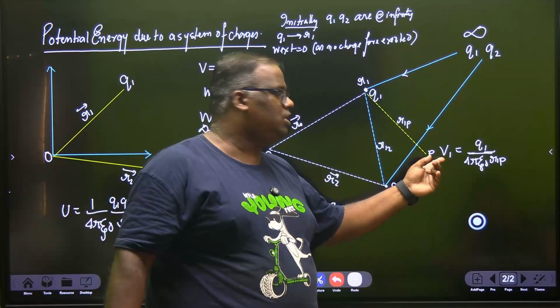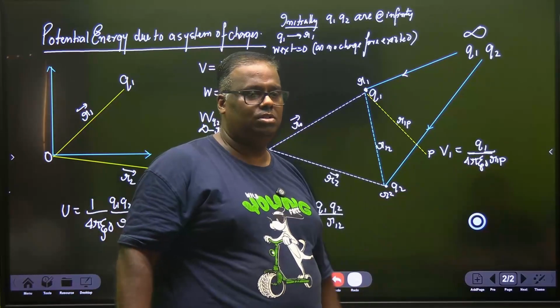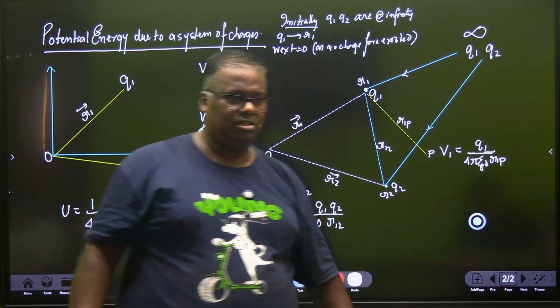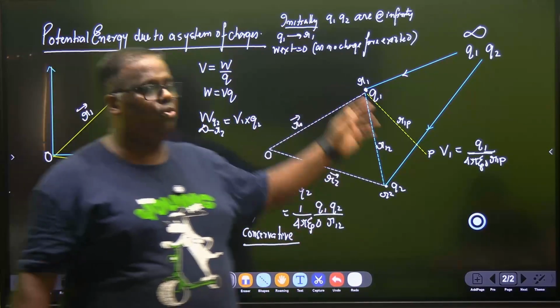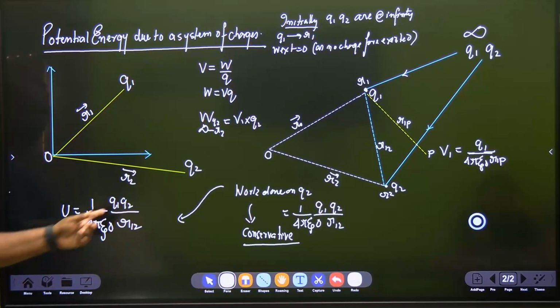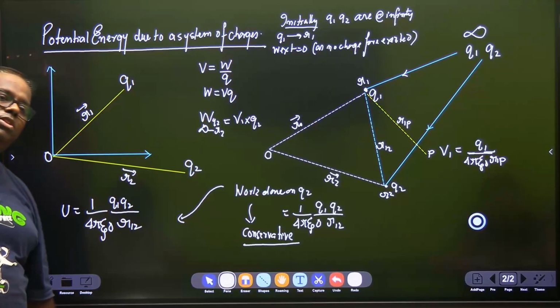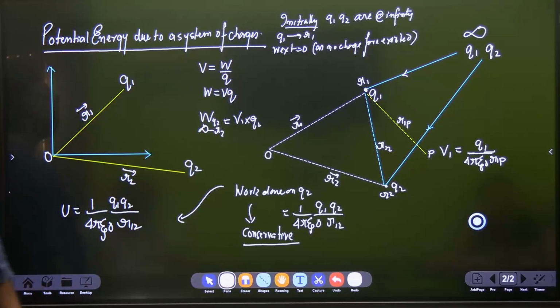I will write the voltage is V2 at that time: Q2 divided by 4 pi epsilon 0 R2P. And then I bring Q1. Do you think this will change? It will not change. Q2 was there, you now multiply Q1. So it doesn't matter whether you brought Q1 first or Q2 first. This will be the expression for a system of 2 charges.